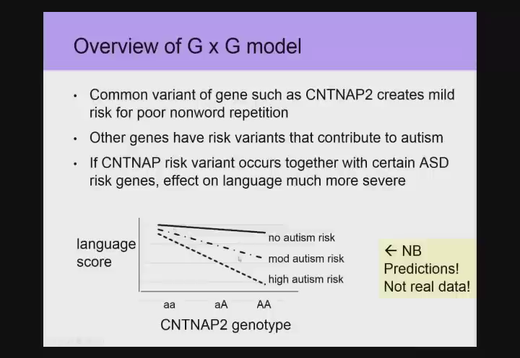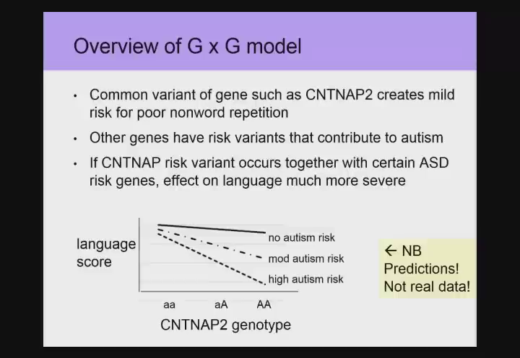But if it's combined with a gene that gives you a risk for autism, the effect on your language skills gets much, much more severe. That is very much post hoc massaging of simulated data to get something close to what we actually see, and it's certainly not proven to be the right result.